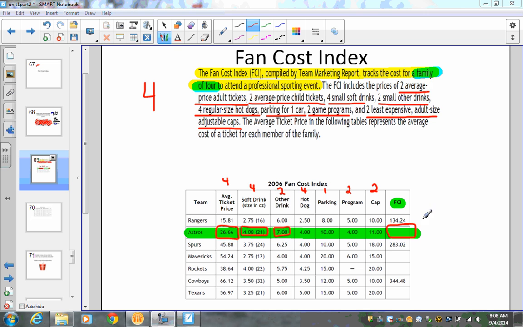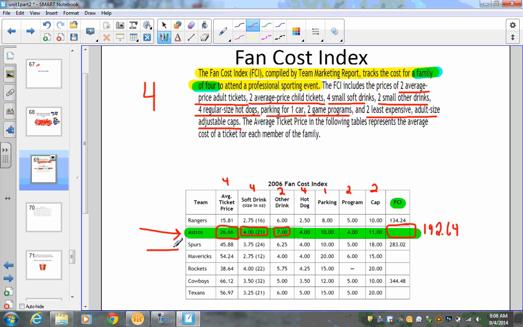When I multiply them all together, I get $192.64. That's how much money a family of four on average will spend at an Astros baseball game.